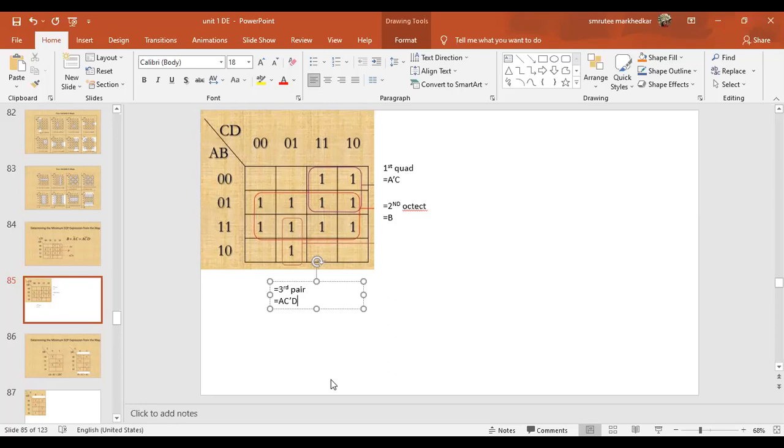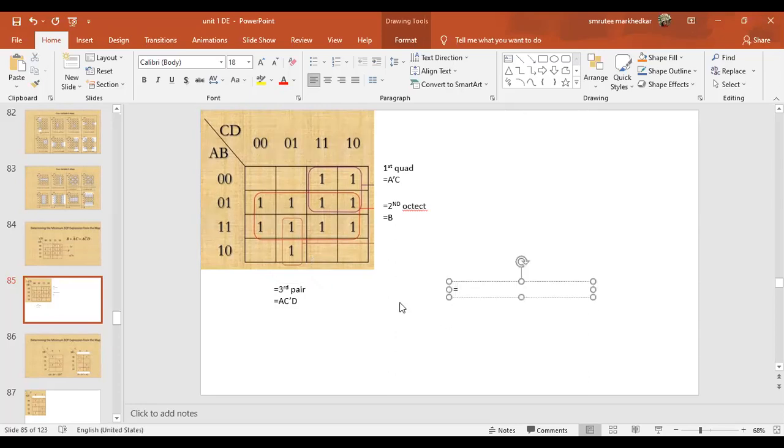That is the reason, if you go in ascending order, first preference goes to the octet, then to the quad, and then to the pair, because our main aim is to reduce the number of variables so that our circuit becomes less complicated. Got it? Now, how to write the final answer? We will just consolidate all of this together.